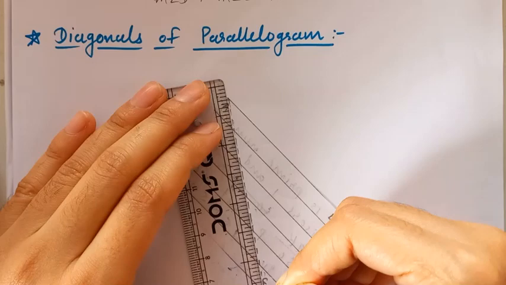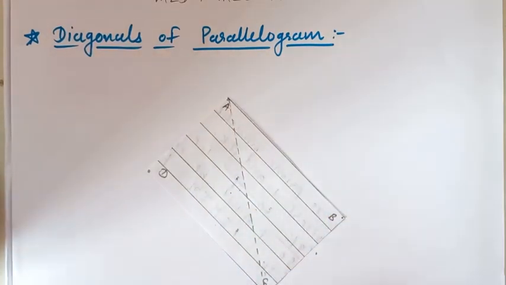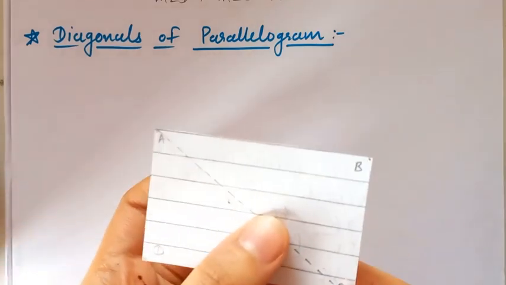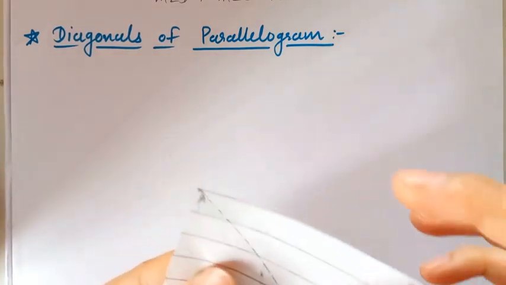So by the help of the ruler we have drawn one diagonal. To find its midpoint we place C on A.